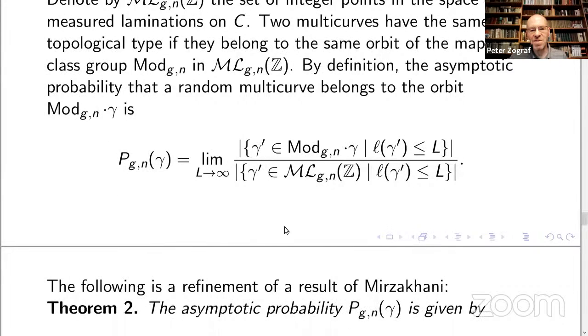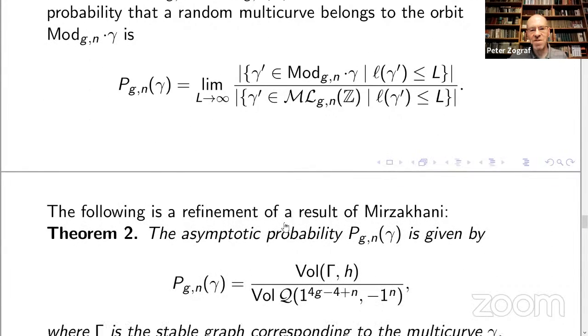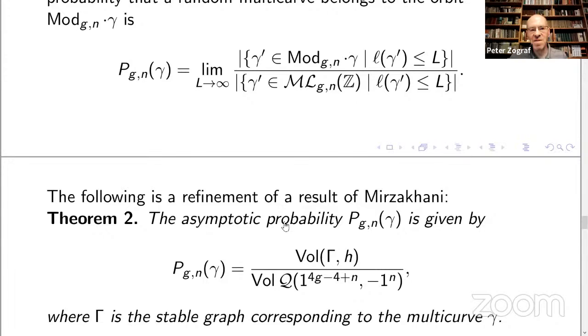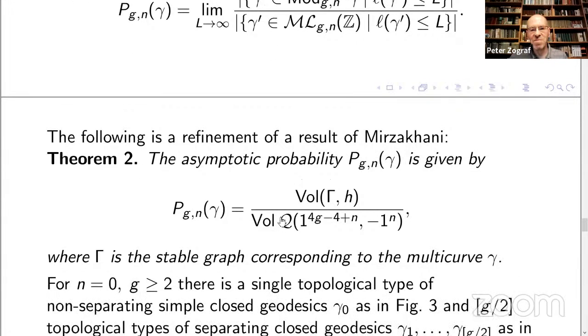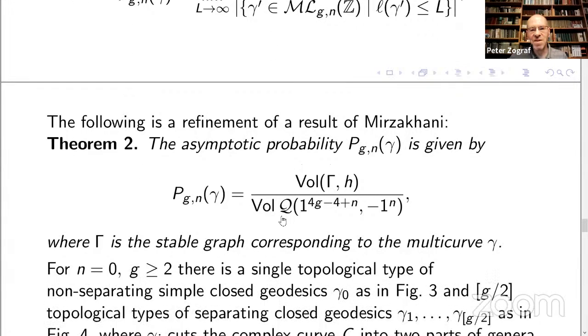The following formula is a refinement of a result of Mirzakhani and describes this probability in terms of the volume contribution of stable graphs.